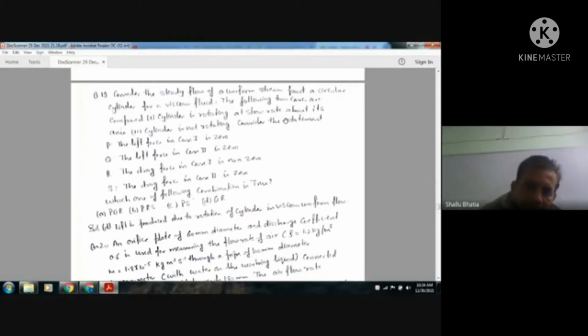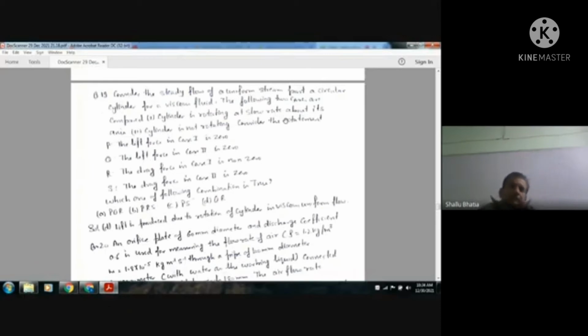Consider the statements. P: the lift force in case 1 is 0. Q: lift force in case 2 is 0. R: drag force in case 1 is non-zero. S: drag force in case 2 is 0. Which one of the following combinations is true? Option A: PQR. B: PRS.